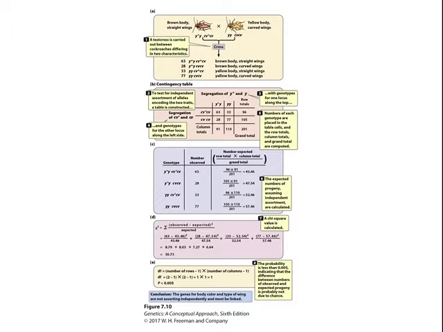To illustrate this, we can examine the results of a cross between German cockroaches in which yellow body is recessive to brown, as shown here, right? And curved wings are recessive to straight. A test cross produces the progeny shown here.